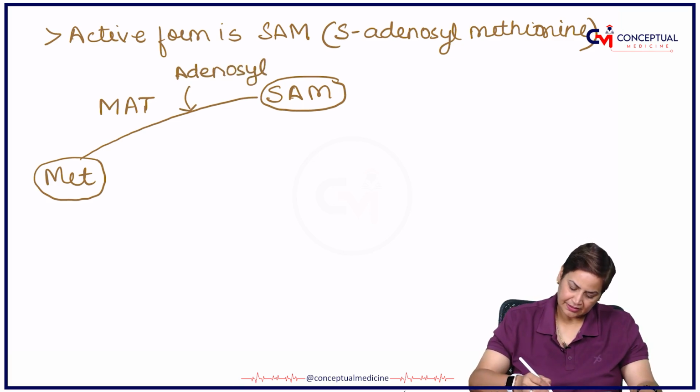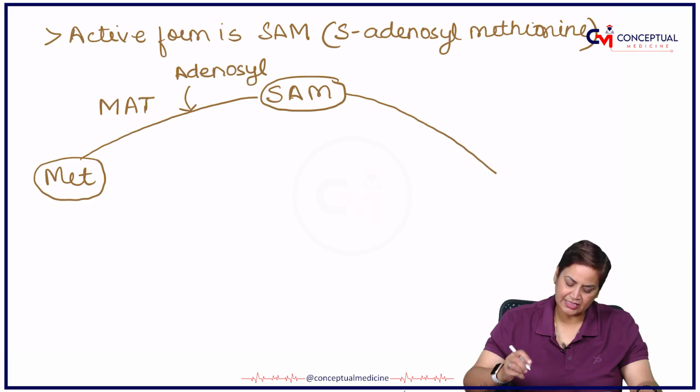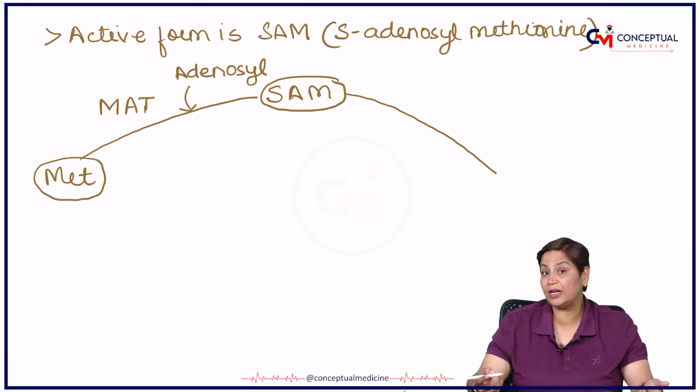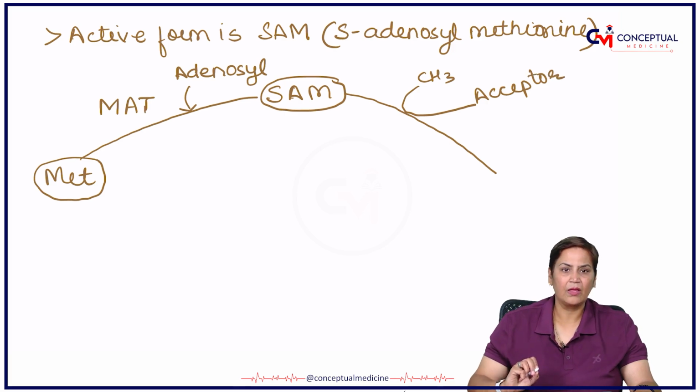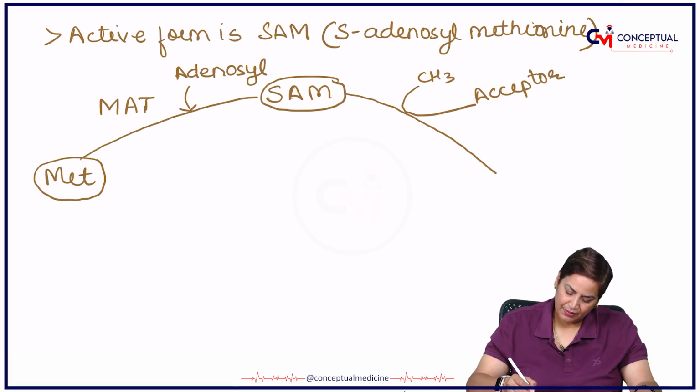Now once this SAM donates the methyl group, because its purpose is to donate the methyl group, the methyl group will be accepted by the acceptor, and this S-adenosyl methionine will be converted into S-adenosyl homocysteine.